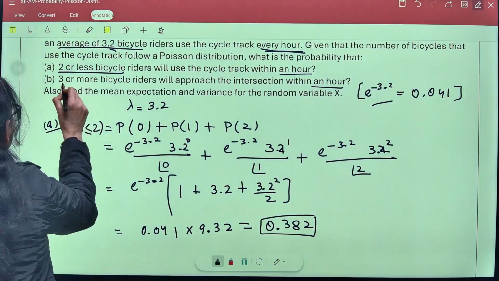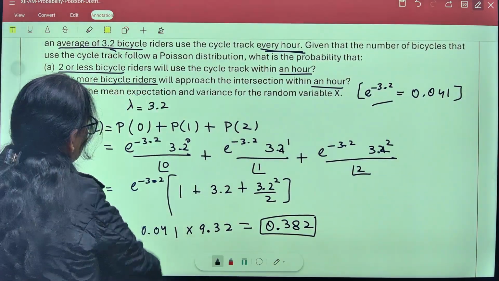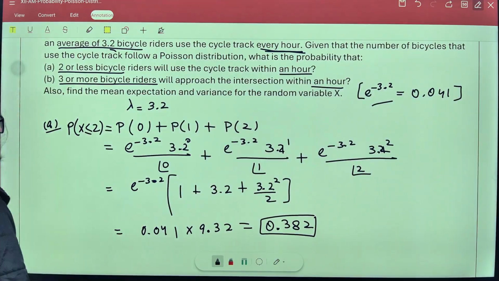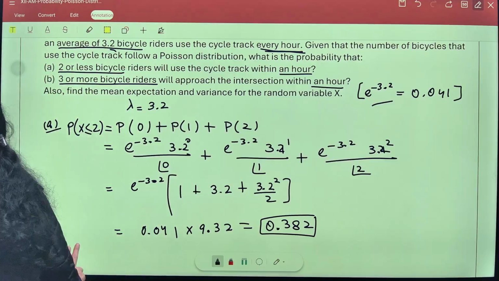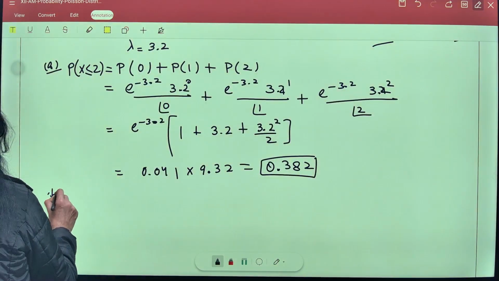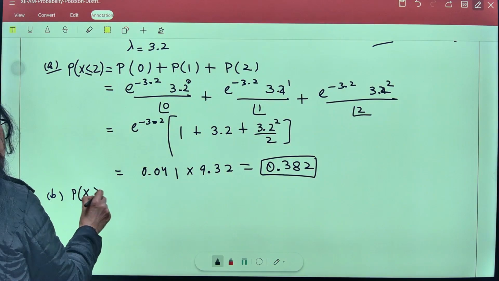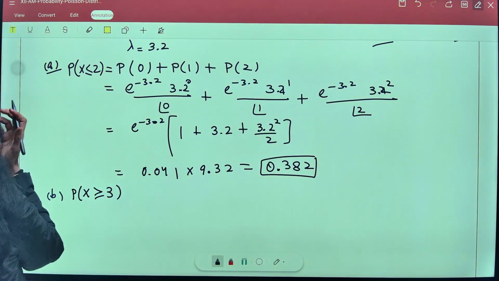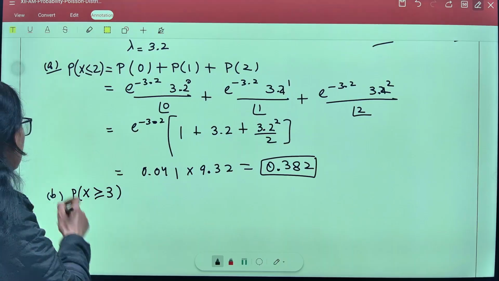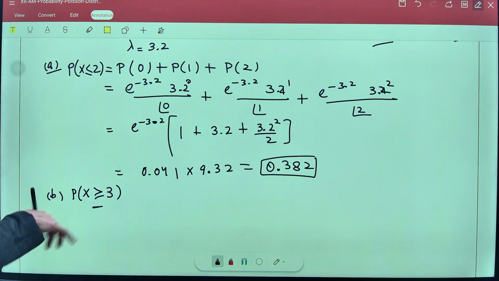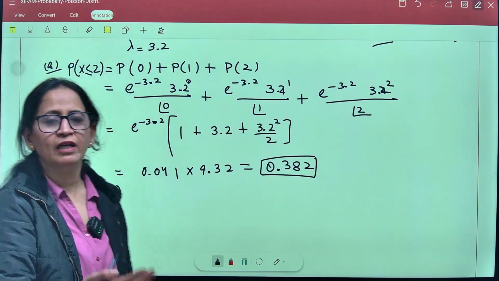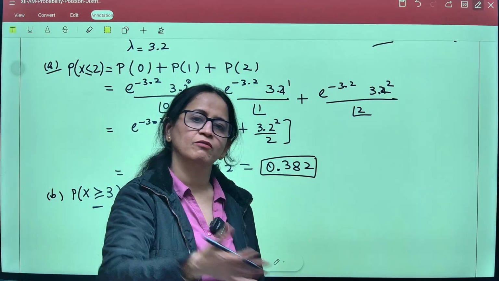Okay, the next part is 3 or more bicycle riders will approach the intersection within an hour. So 3 or more riders within an hour, that means you need to find the probability for x being greater than or equal to 3. Now again you are given something greater than. Whenever you have greater than, look at the other side and find what is less than and take that away from 1.